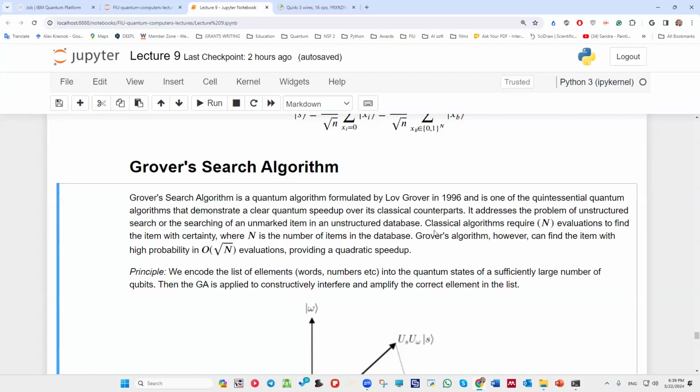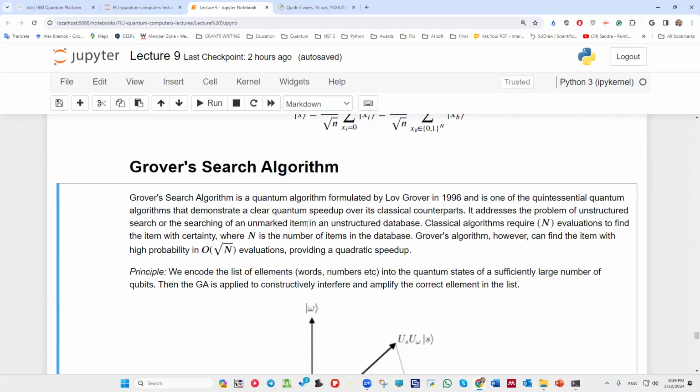The quantum Grover's algorithm provides a quadratic speedup, meaning that the number of calls to the list of elements will scale as the square root of n. So instead of, for example, 100 calls, you will need to do about 10.